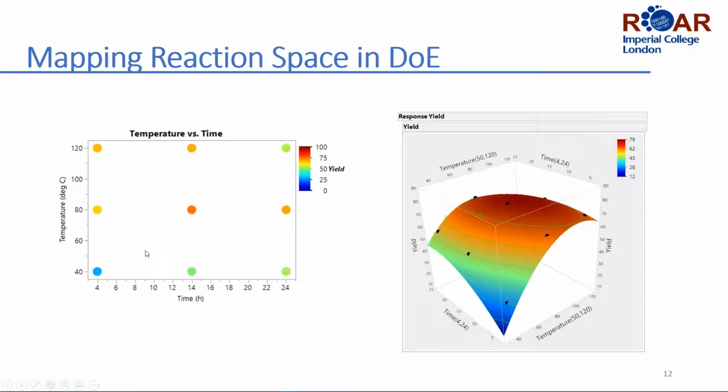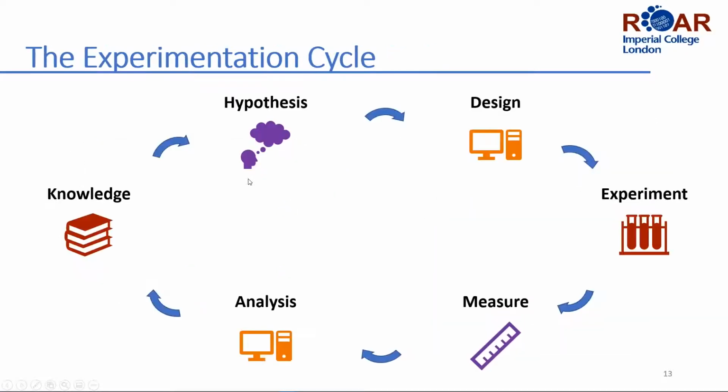We make some predictions about how the yield would be in these white spaces here, even though we've not done the testing, because we've done this kind of surface fitting, we can have a best guess, a pretty good estimate of how it would be in these spaces here. So DoE is very much a mapping approach.